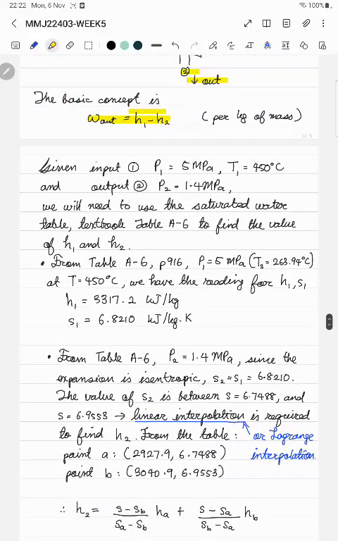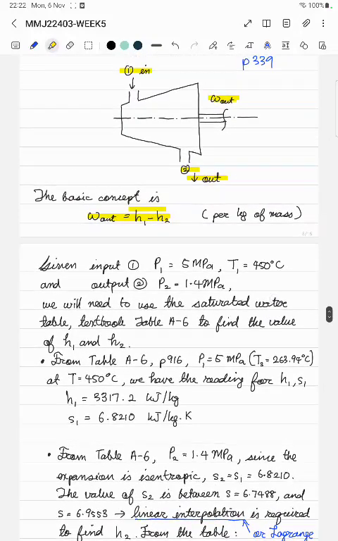Now the input in this case is given pressure 1. The pressure entering the turbine is 5 megapascal, and the temperature is 450 degrees Celsius, and the output is 1.4 megapascal.